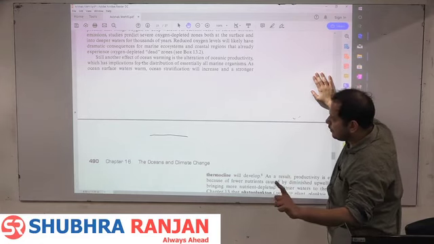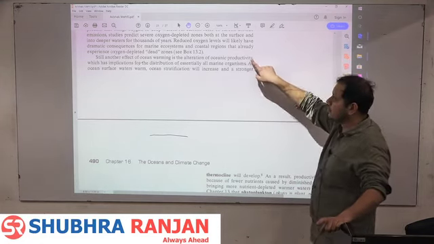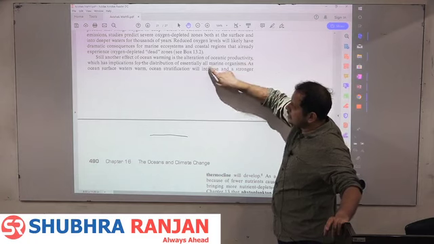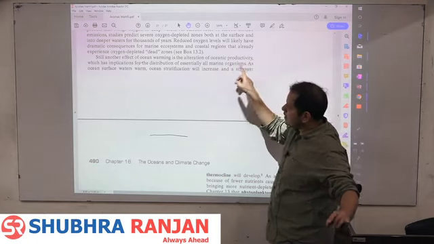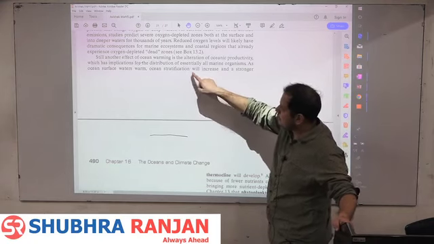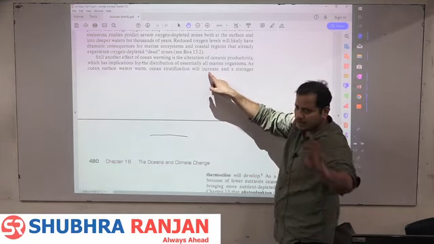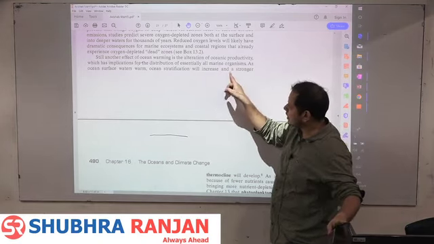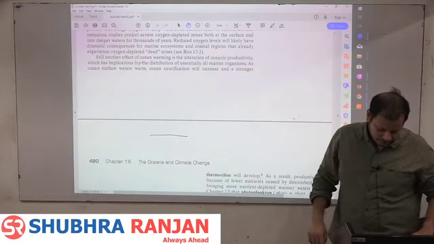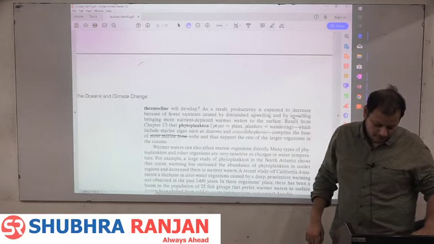Still another effect of ocean warming is the alteration of ocean productivity, which has implication for distribution of all marine organisms. As the ocean surface warms, ocean stratification will increase. Stratification मतलब colder, denser, warmer, ऐसा will increase, and a stronger thermohaline will develop.